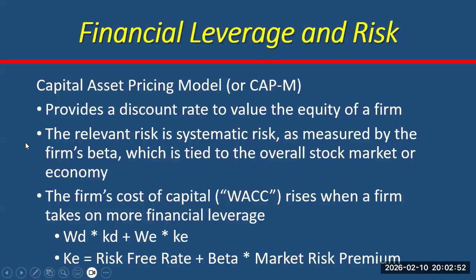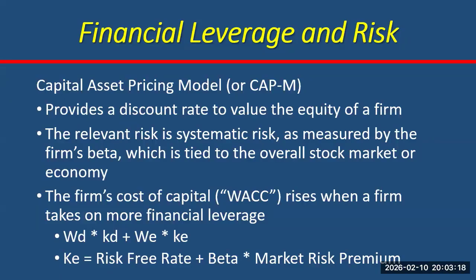Well, if you're looking at the risk of a corporation like AT&T or Microsoft, there are two risks. There's systematic risk and there's unsystematic risk. Systematic risk is the risk of the market itself. So a firm has systematic risk in that it's going to be hurt if we have a recession, it's going to be impacted by interest rates changing, inflation.